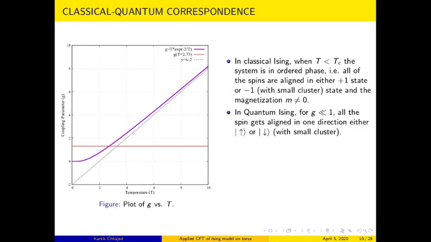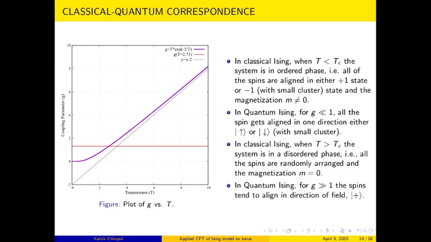What we saw in the classical Ising model was that when we were below the critical temperature, the system was in the ordered phase, which means that all the spins were trying to align in one direction and the magnetization was non-zero. Whereas what we see in the quantum Ising model, when the coupling parameter is very small, all the spins try to align in either spin up or spin down direction. In the classical Ising model, when we were above the critical temperature, all the spins were arranged in random directions and the magnetization was 0.